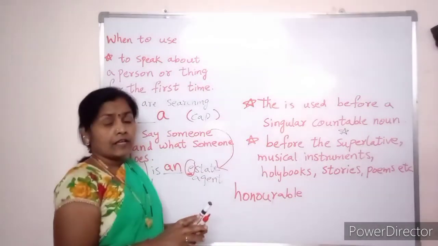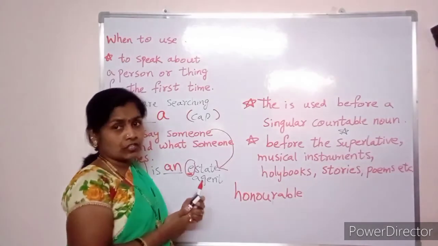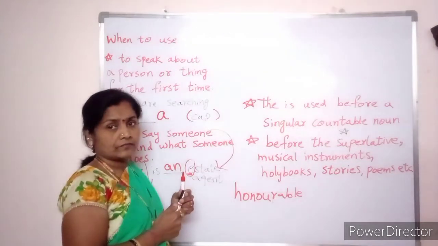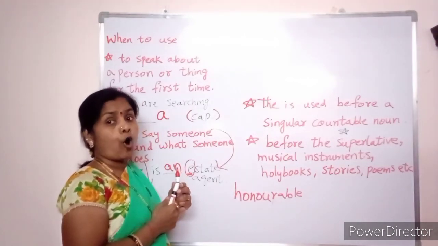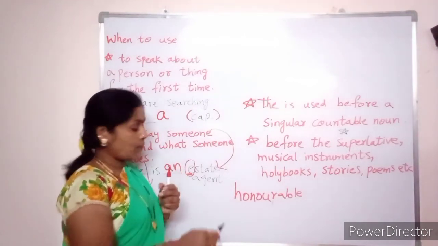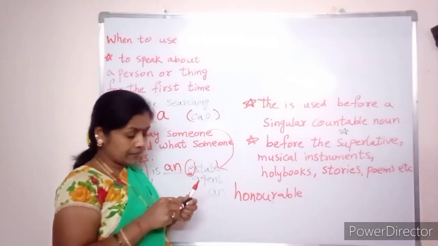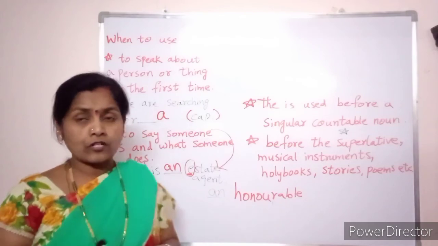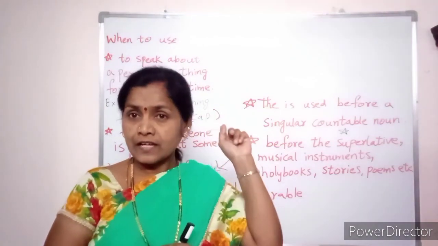Though the letter begins with H, the sound coming is a vowel sound. So what should we write down here? An. There are some exceptions, so the only thing you need to concentrate on is the sound. Don't go with the letters.